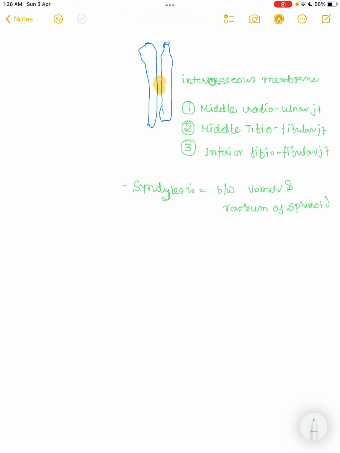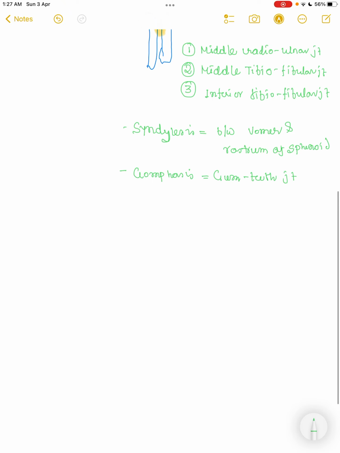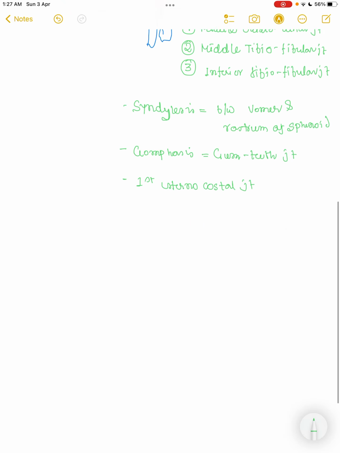Okay, and the gomphosis, that is the tooth-gum joint. And ultimately the first sternocostal joint. Okay, so this is about the fibrous joints. Next I am going to the cartilaginous joint.